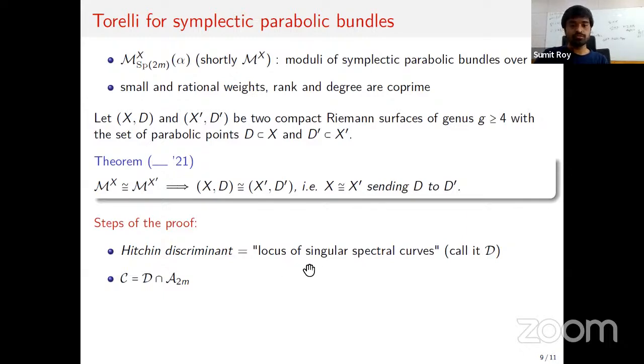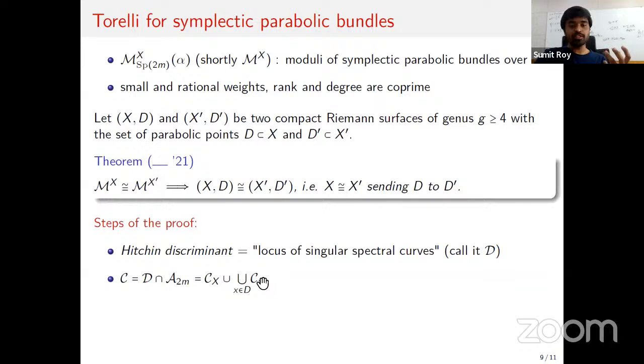So consider those spectral curves, call it D. Then consider the intersection with the last coefficients of the vector space A, which is the base of the Hitchin map, the last coefficient, from A to M. Consider the intersection with that, then it has several irreducible components, okay.